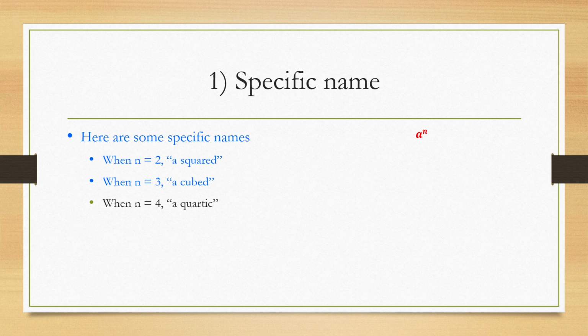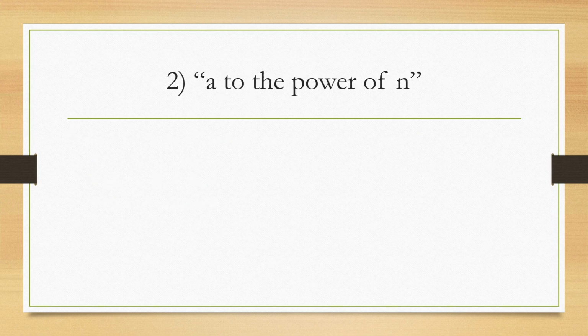Well, for n equals 4, there are actually a few names: biquadrate, biquadratic and quartic. So it just gets a little weird after that. Here are a few examples of the specific names, and let's look at the other one.